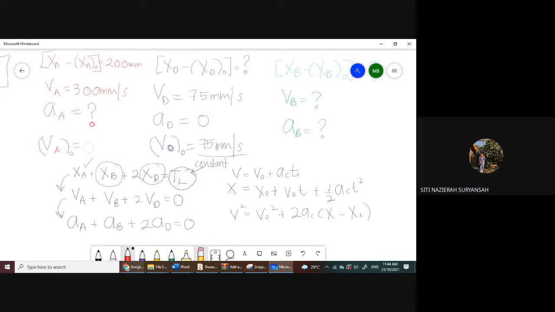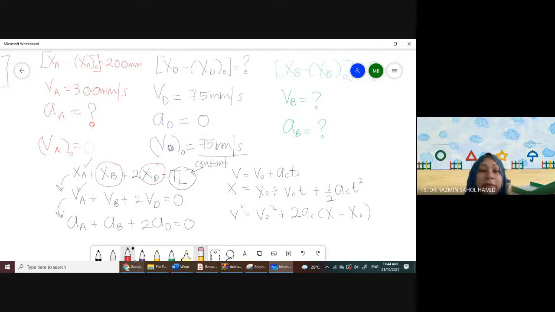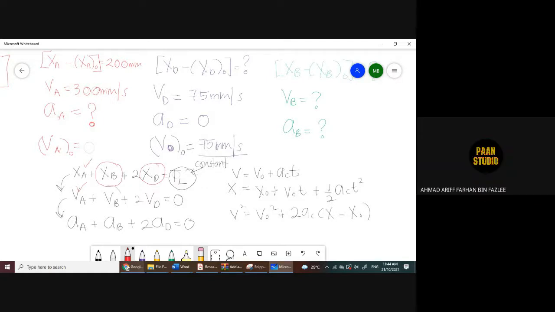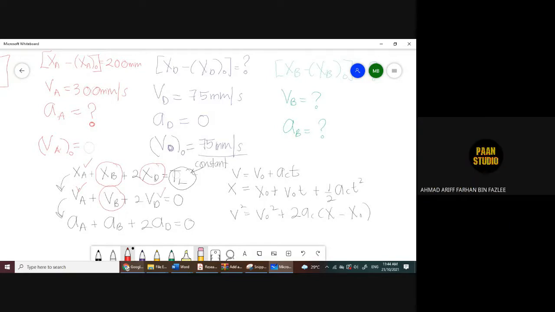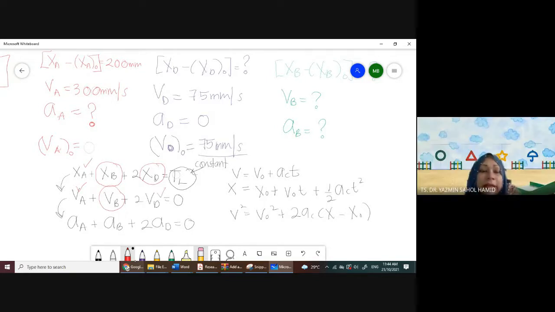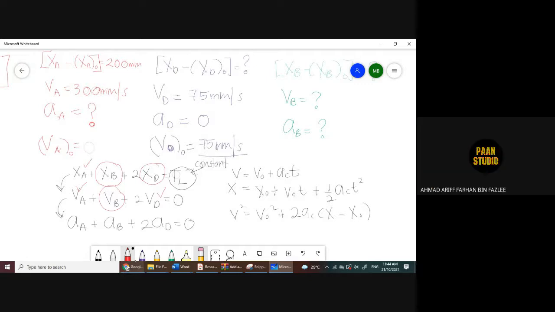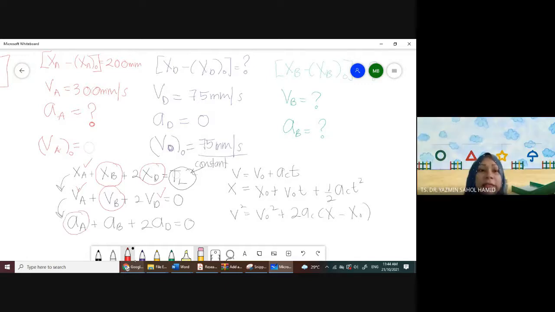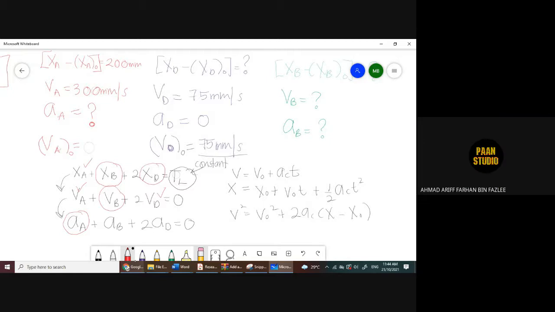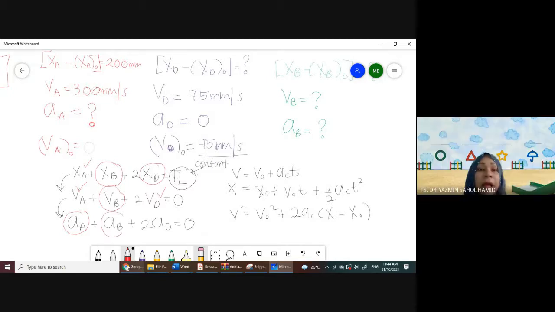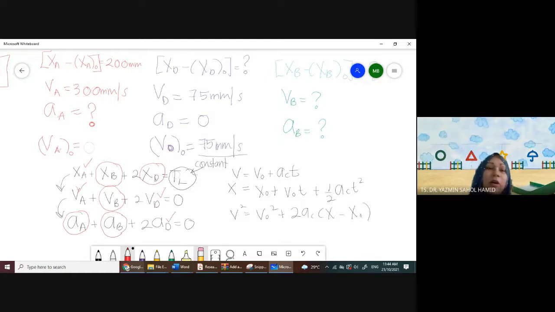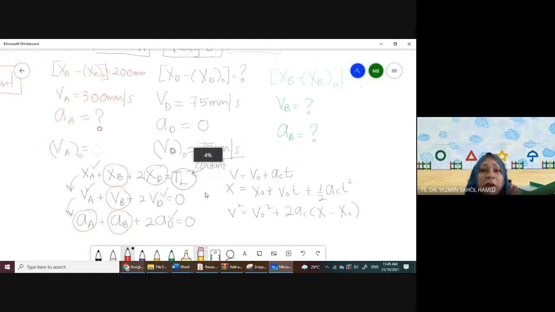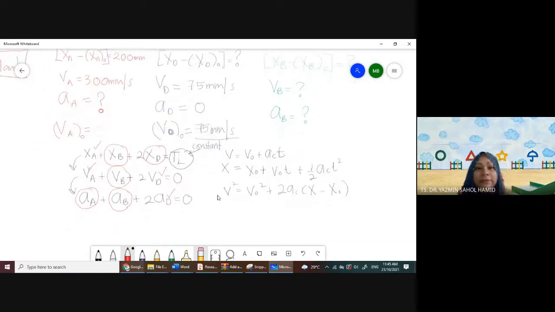Yes. Do we have VB? No. Do we have VD? Yes. Do we have acceleration A? No. Do we have acceleration B? No. Do we have acceleration D? Yes. Now, based on this information, which one do you think you can find first?